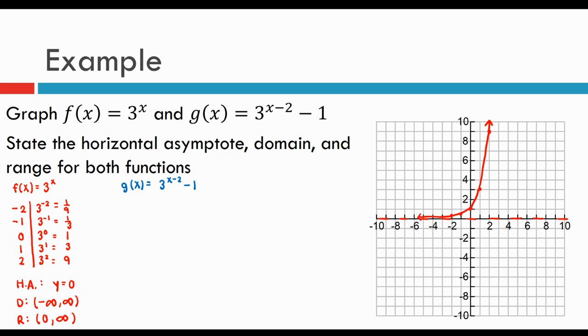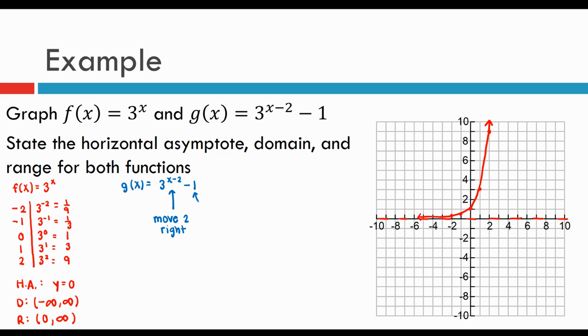So notice that because we have x minus 2, we do have a horizontal shift that's happening. And remember, we always want to go in the opposite direction. So because it says -2, we want to move 2 to the right.